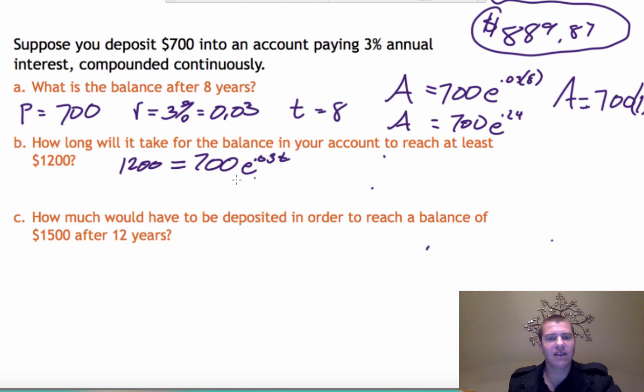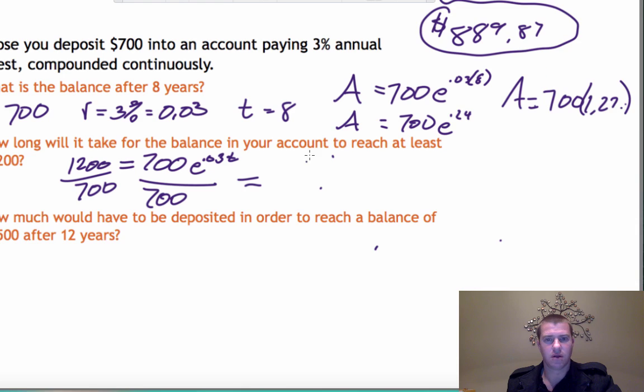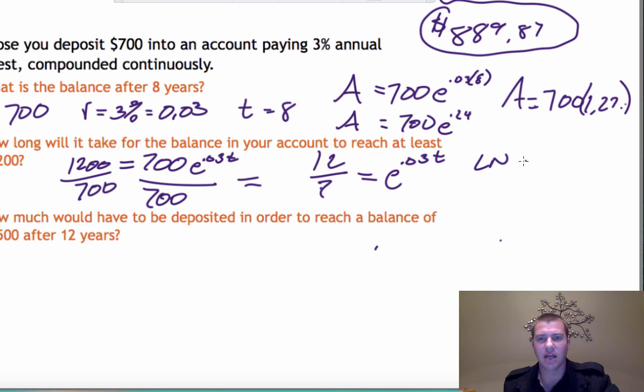So when I'm solving this, I'm going to divide by the 700 first. I'm going to leave it as a fraction. So I get 12 over 7, reducing that by 100, equals e raised to the 0.03t. And so now I can change this to log form, which is log base e, which is ln of 12 over 7 equals 0.03 times t. And then I'm going to divide by that 0.03.